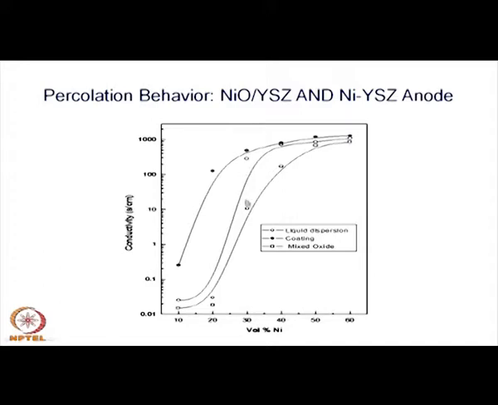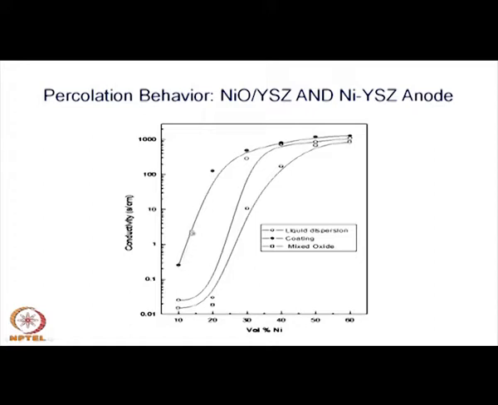That is a very interesting observation, because you have a continuous network, and in other cases you really do not get a continuous network. There are nickel dispersions, but the continuous network is not available there.